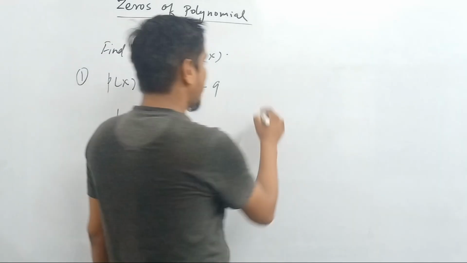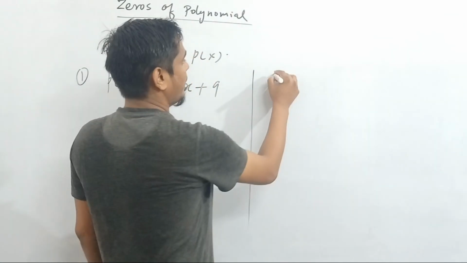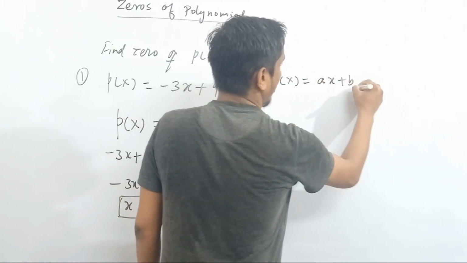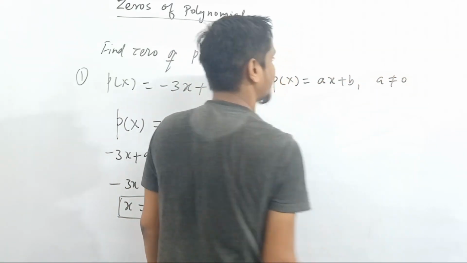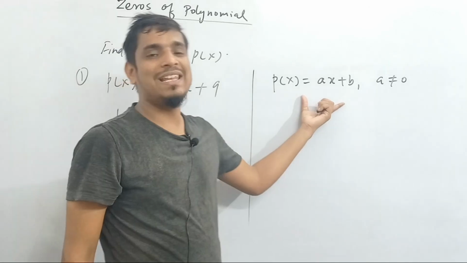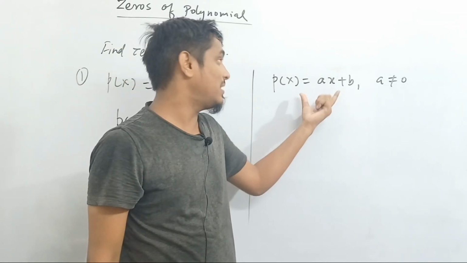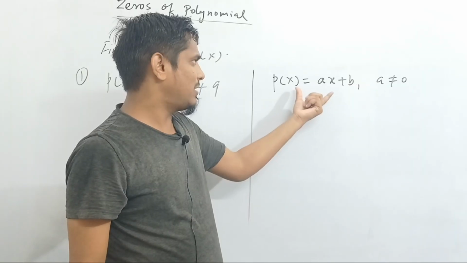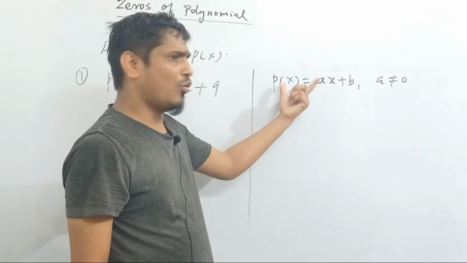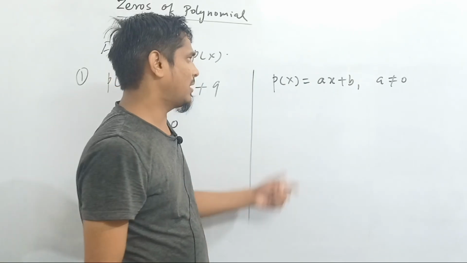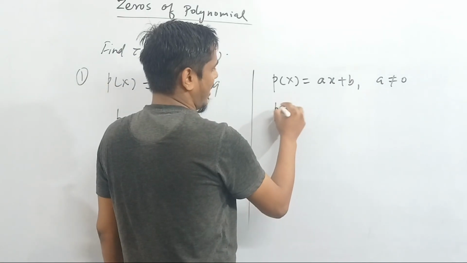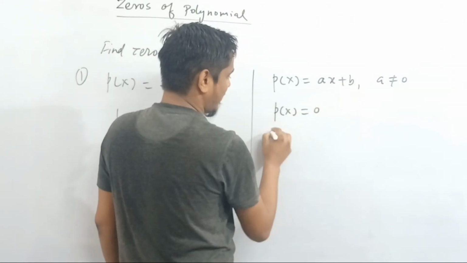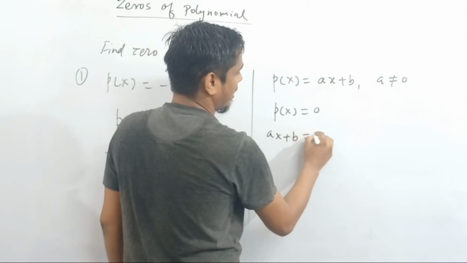So let me just take the standard form. Let's say p(x) is equal to ax plus b. Here a is not 0. So this is the standard form of a linear polynomial. In order to find the zero of a linear polynomial, we can use this direct result, or we can go for solving the simple equation as well. So if I'm taking p(x) equal to 0, then that means ax plus b is equal to 0.